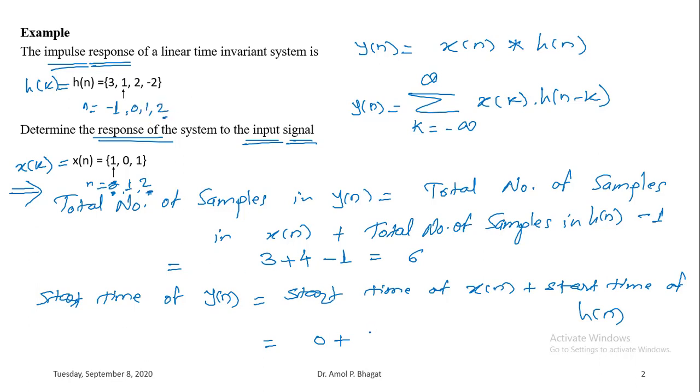So 0 plus minus 1, the start time for y of n will be minus 1. So the values of n in the resulting sequence y of n will vary as minus 1, 0, 1, 2, 3 and 4. These six values will be there.